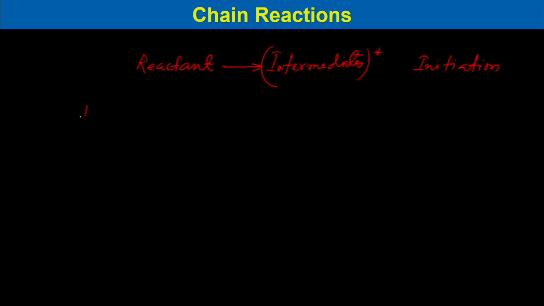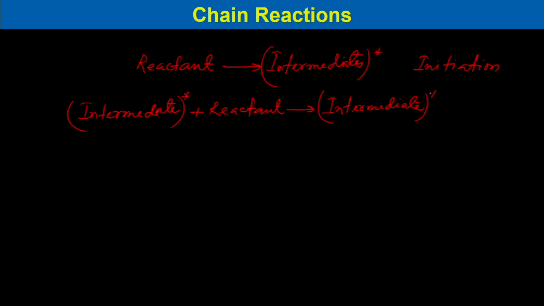Then the intermediate reacts with reactant again, forming intermediate plus product, and this step is called propagation.